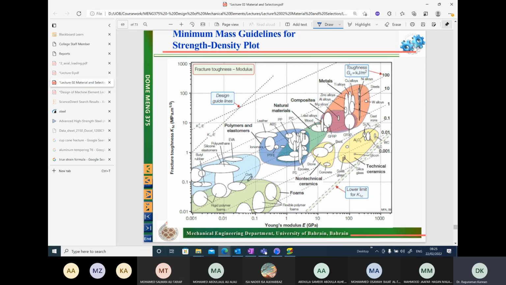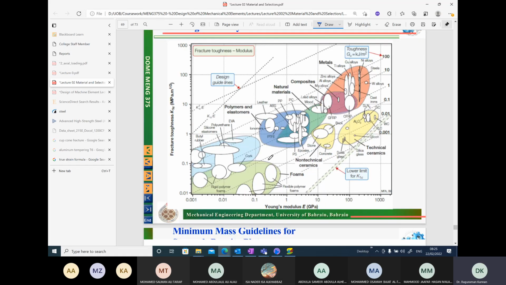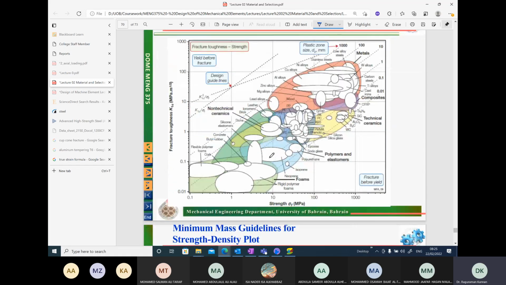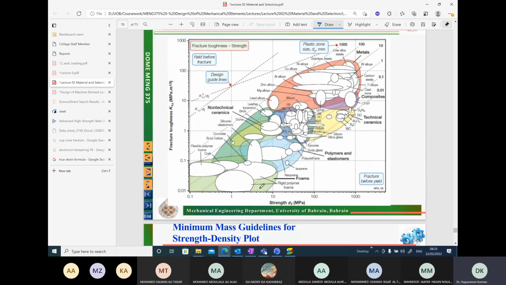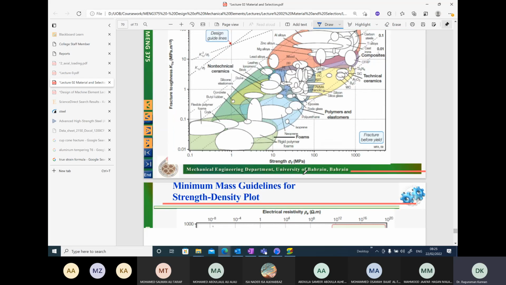There are other examples where you can have a combination of fracture toughness and Young's modulus as the material index. And again, you can see the design guidelines, K square over E, K over E. We will learn exactly what fracture toughness is later.